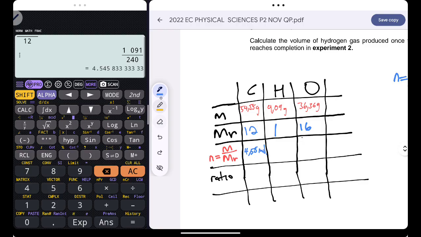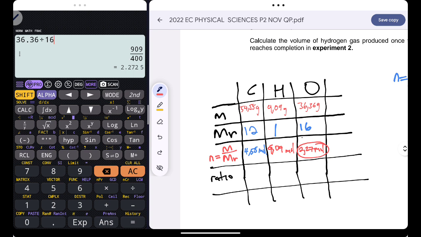Okay, and then for hydrogen, I'll simply take 9.09 divided by 1, still 9.09 moles. And then for oxygen, it's 36.36 divided by 16. I'll simply get 2.27 moles altogether.